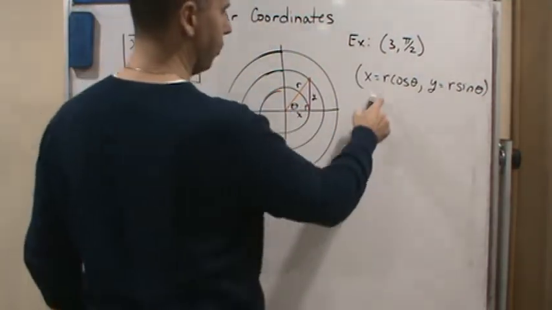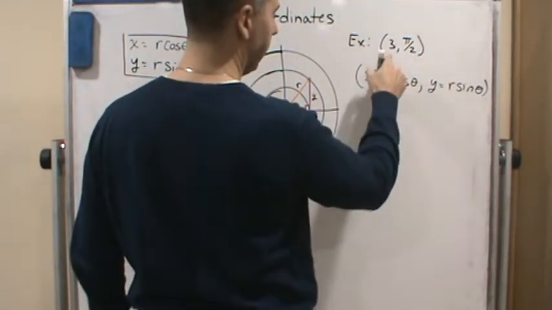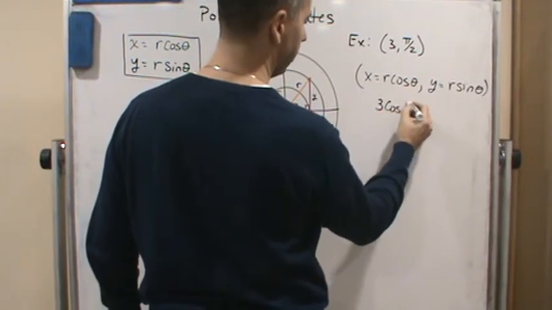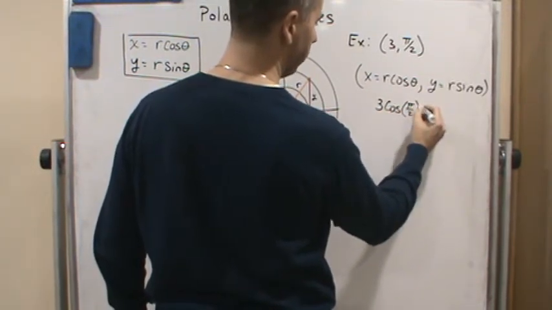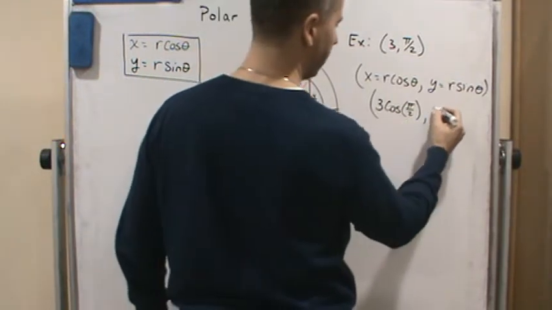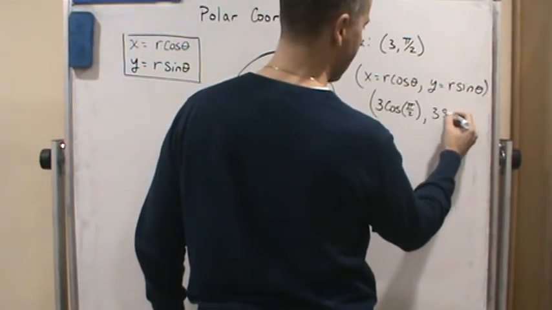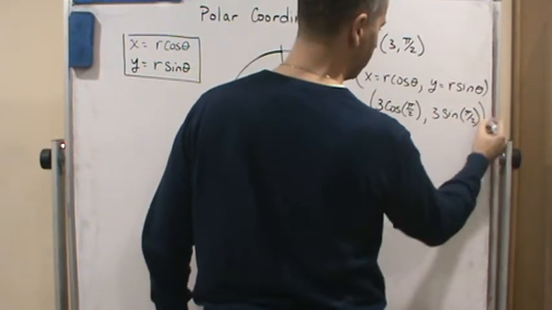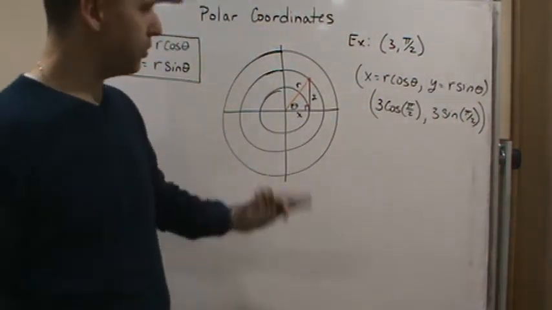So this is going to be 3 cosine pi over 2, comma, 3 sine pi over 2.